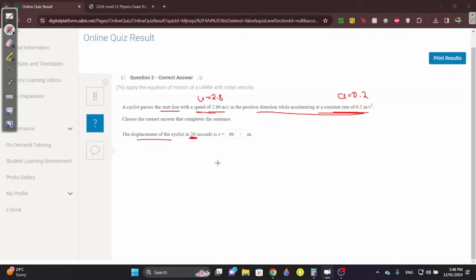Displacement when you don't have velocity is x equals half at squared plus ut plus x node. So x equals half acceleration, which is 0.2, times time squared, so 20 squared, plus ut, so 2.8 times 20, plus x node, which is 0 because it's a start line. You equate all of this and you should get 96.